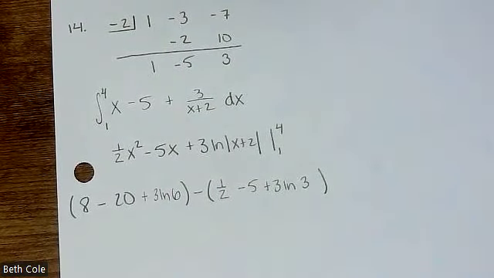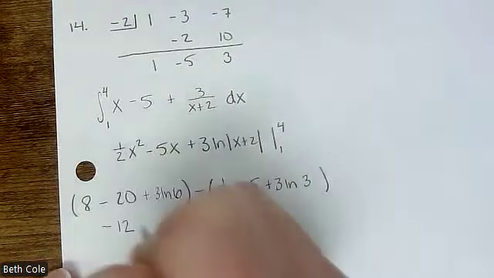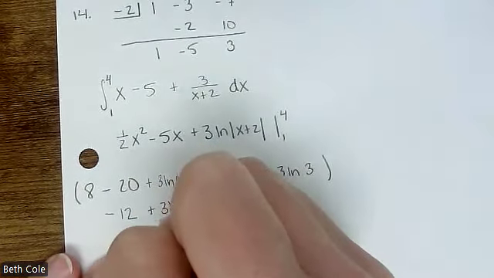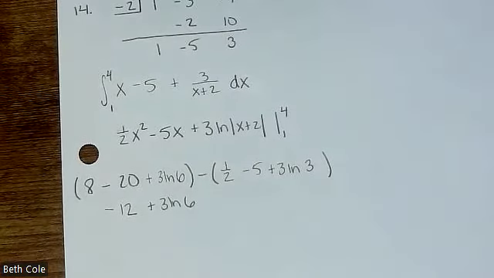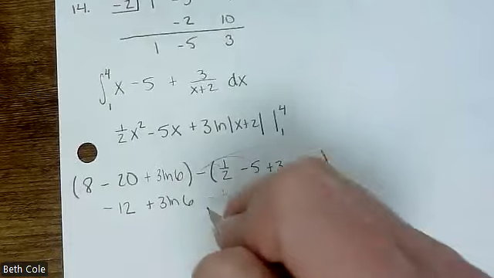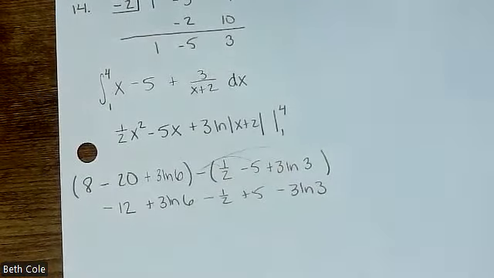I'm not sure how far they went with this, so I'm going to check my notes to make sure we go far enough with this. All right, 8 minus 20 would be negative 12 plus 3 ln 6. And then how you get through this is kind of up to you. This is just adding and subtracting numbers at this point. I'll tell you what I always do, though, is distribute the negative. Negatives are the most commonly missed thing ever. And so I just distribute the negative so that I know I've got that taken care of.